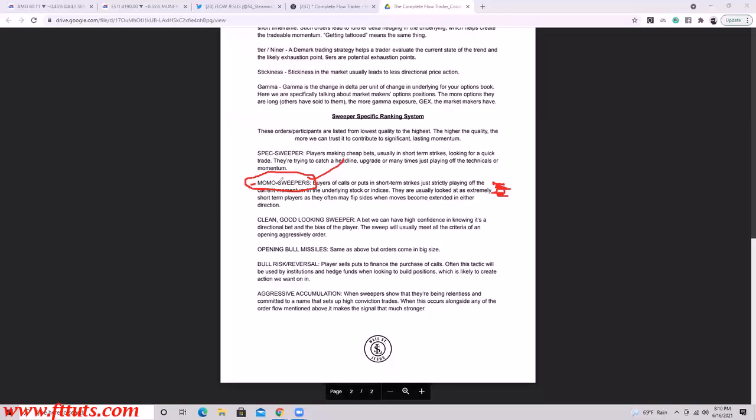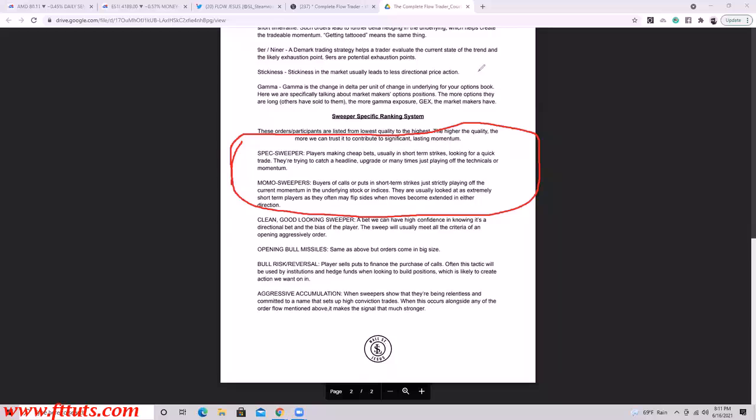So these guys are just playing the Momo, or betting on momentum is the better way to say that. All right, so these guys are short-dated sweeps, looking for short-term news, playing off short-term momentum, right?